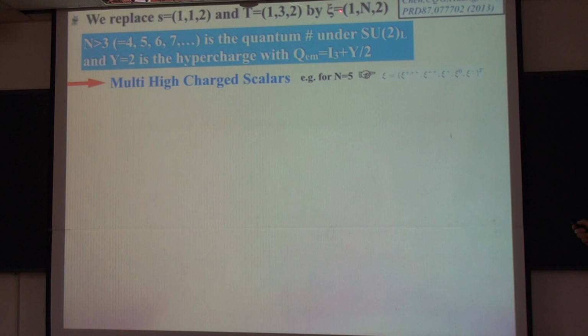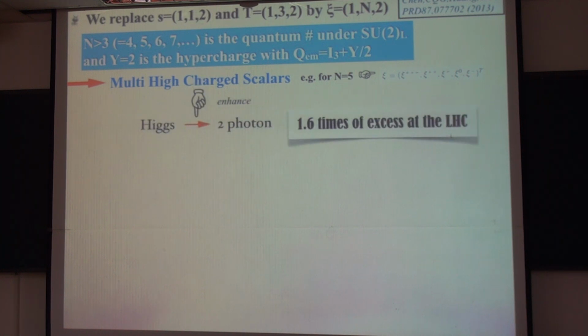Anyway, once we have this high representation multiplet, we'll end up having multi-highly charged scalars. For example, for n equal to 5, we'll have a triplet charge, doublet charges, okay, many charged scalars. The reason we proposed this model was actually motivated by the LHC.